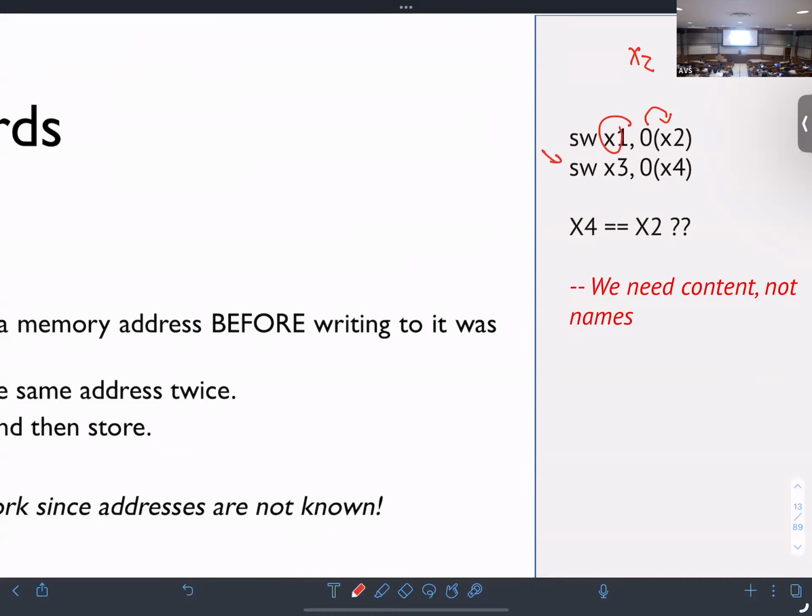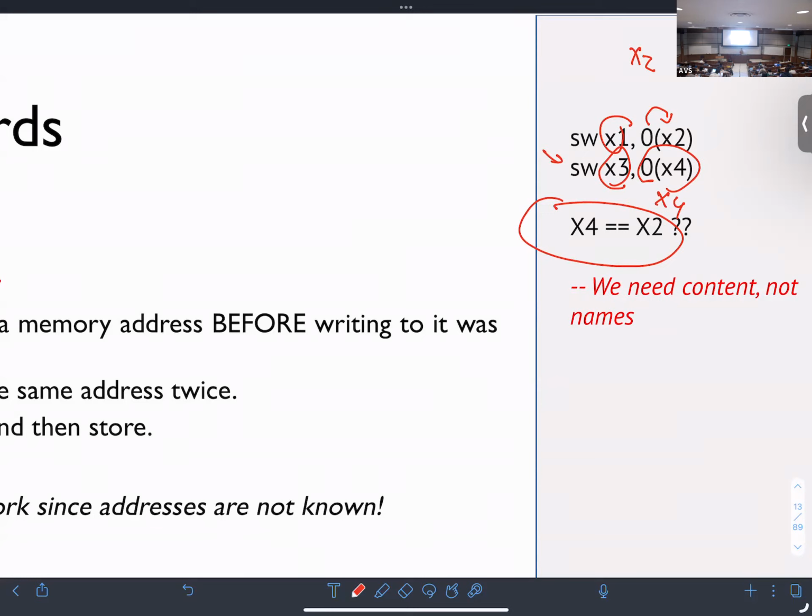If x2 and x4 are equal to each other, what will happen is that we are storing into the same address. And if x1 and x3 are not equal to each other, then we will have the same write after write hazard that we discussed for registers, right?